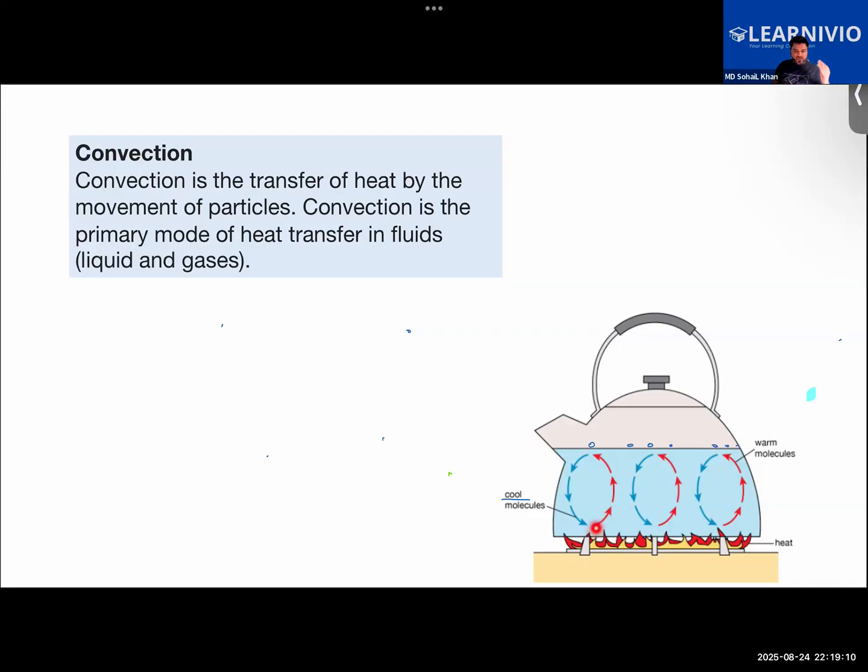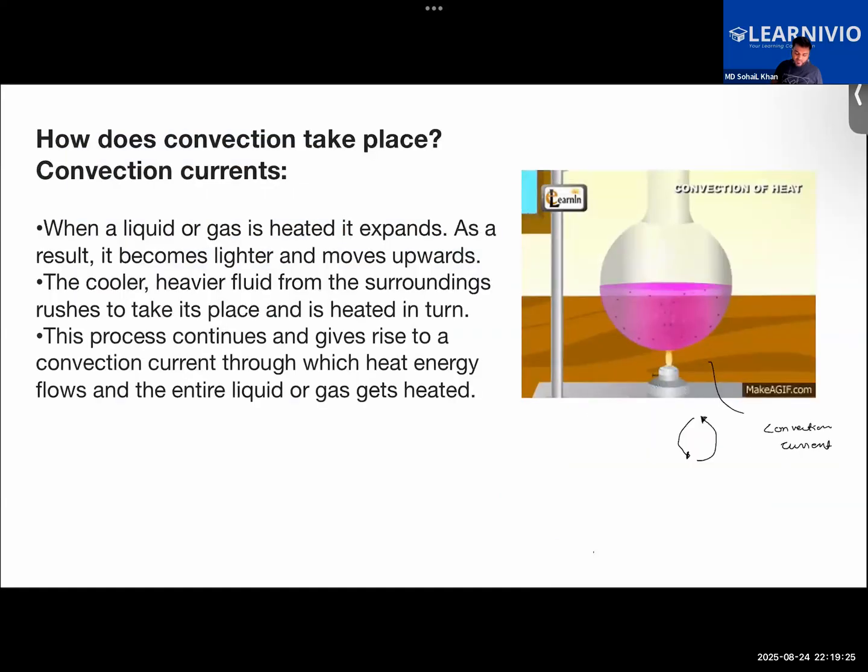So basically, what is happening? A cyclic movement is seen over here, where the hotter molecules rise up, they cool, and they descend back. They come back to the base and again get heated up. So a cyclic movement is set here, and that is called a convection current, which you can see here.